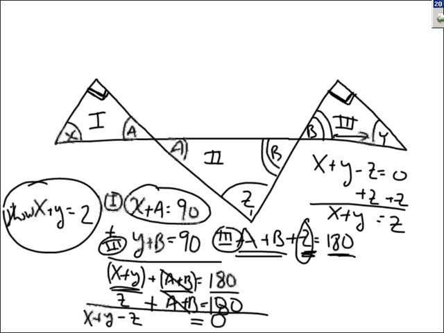There's only one thing to add to a plus b to get 180. And on one hand, we're calling it z. On the other hand, we're saying something plus a plus b is 180. This time we're calling that something x plus y. They must be equal. Alright, x plus y equals z. That finishes this section. Good luck with it.